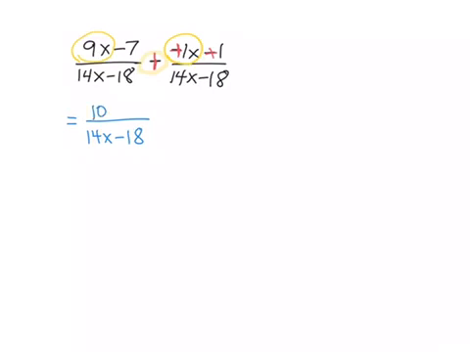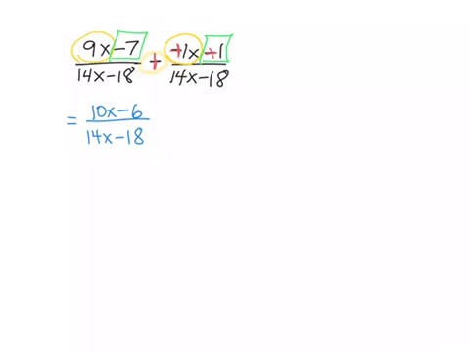So that would give you 10x. And then I have a negative 7 and this 1 over here. So negative 7 plus 1 would give you negative 6. So this is your solution.